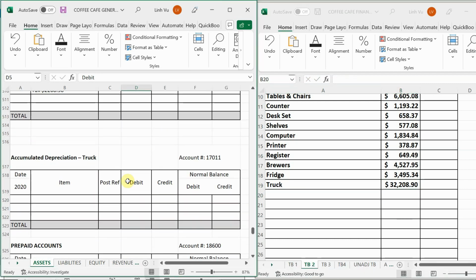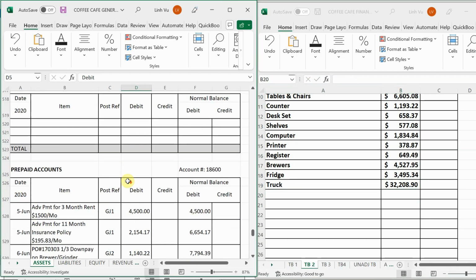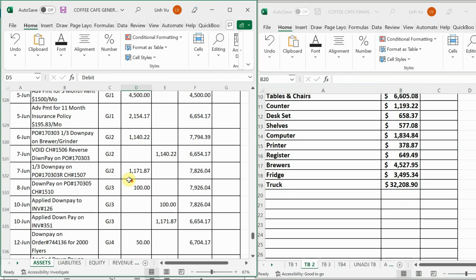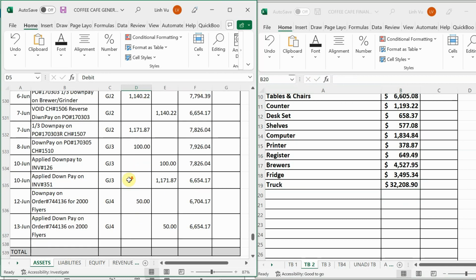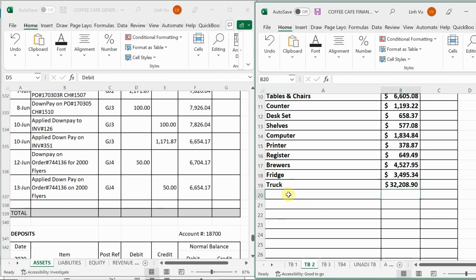Okay? And then let's see, prepaid accounts. Okay, so a lot of account activity for prepaid accounts. But at the end of the day, right, my prepaid accounts are currently at 665417. Okay.